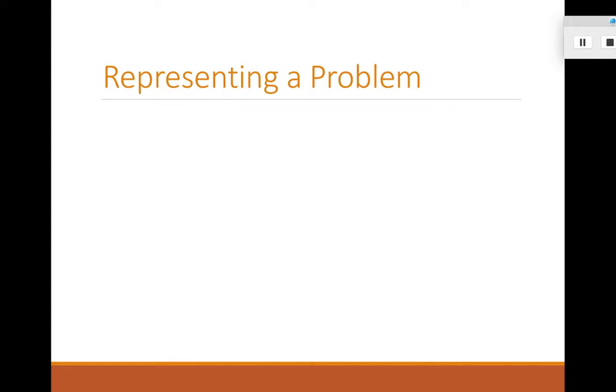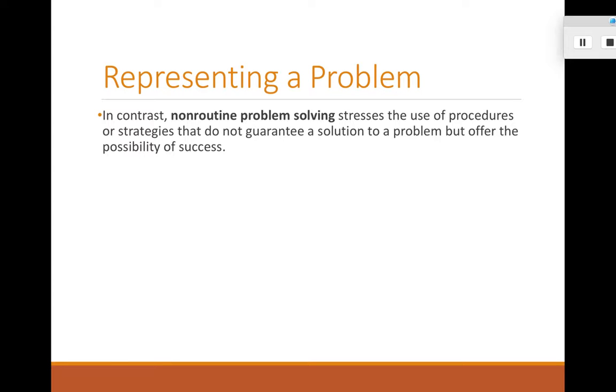Now, in contrast to using routine problem-solving solutions, we encounter the aspect of non-routine problem-solving solutions. And with non-routine problem-solving solutions, we stress the use of procedures or strategies that do not guarantee a solution to a problem, but offer the possibility of success. So in other words, we've encountered similar situations in the past, and using those problem-solving solutions may potentially get me to my goal state, but it may not.